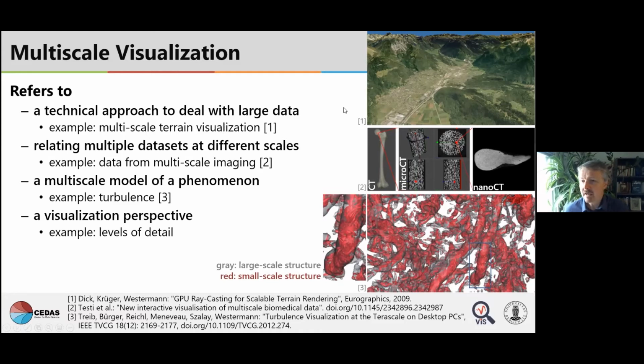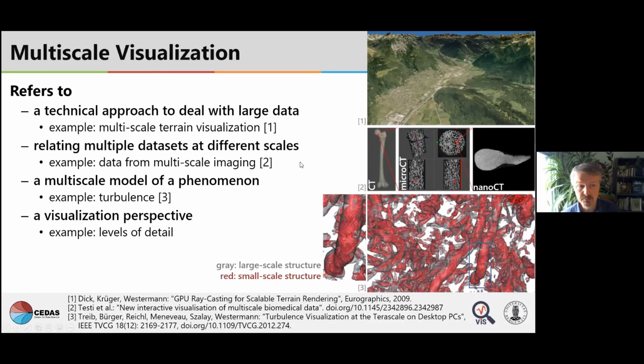A couple of years back, this really was a big question. If you want a highly detailed terrain visualization for maybe a flight simulation, how can you actually achieve that? Techniques were needed that take the viewpoint into consideration, that have levels of detail incorporated, that did smart exploitation of maybe the GPU or whatnot. So this is one category of aspects in multiscale visualization.